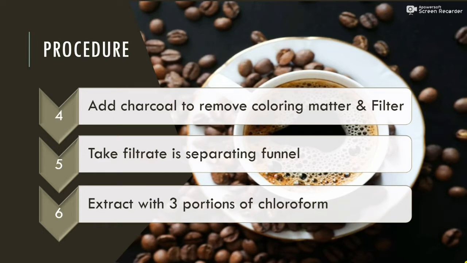After filtration, the filtrate is taken into a separating funnel when it is cooled. Then three portions of chloroform, 20, 20 and 20 ml, are added, mixed properly, and allowed to separate into the aqueous layer and the chloroform layer.